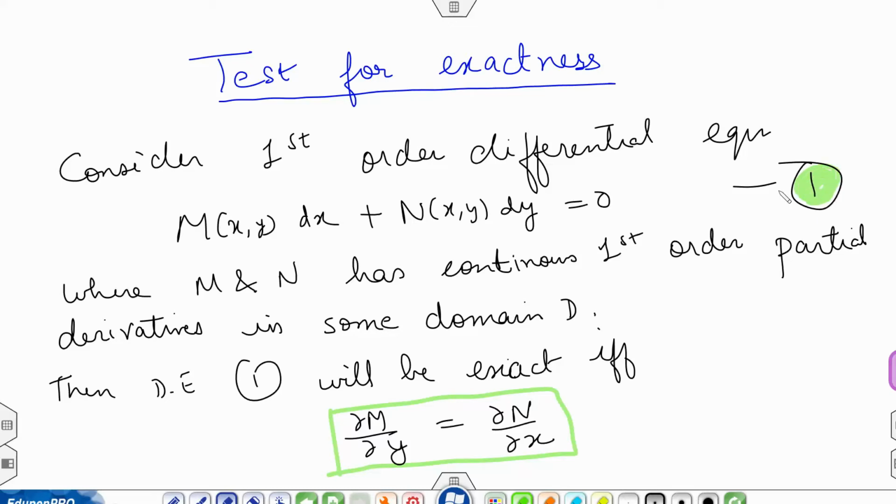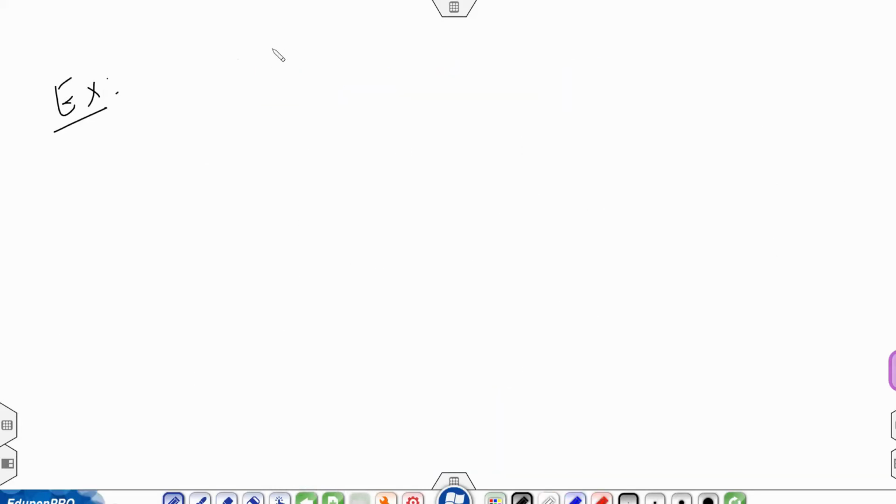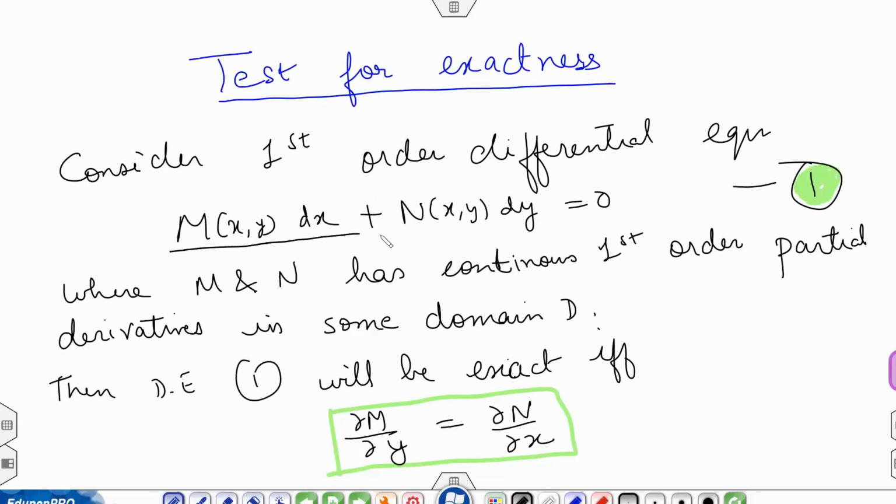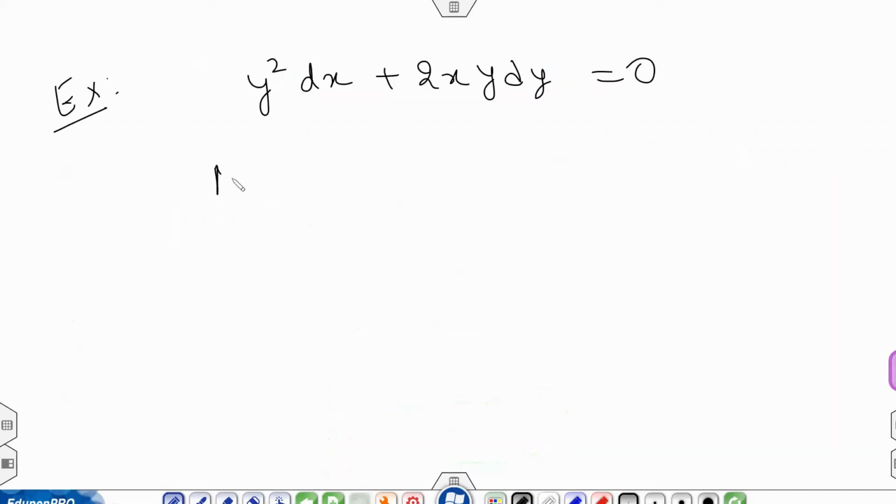Now let us see a few examples where we have to check whether the equation is exact or not, and then we will talk about how we can find the solution of the exact differential equation. Suppose I have the differential equation y square dx plus 2xy dy is equal to 0. Comparing with the standard form, here M is y square and N is 2xy.